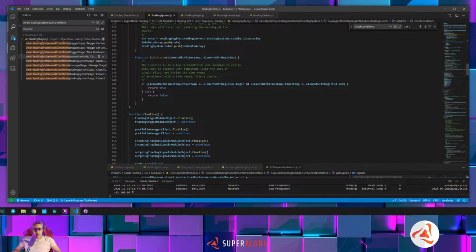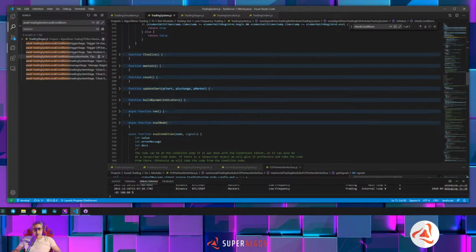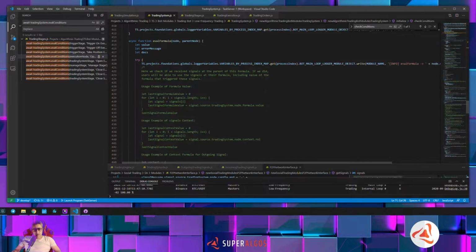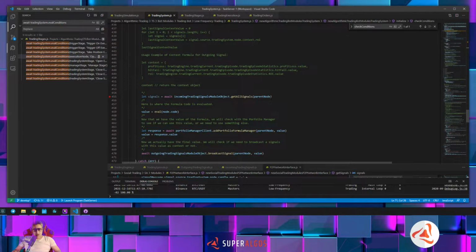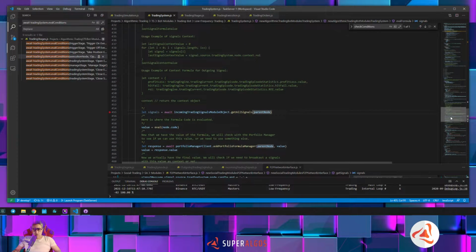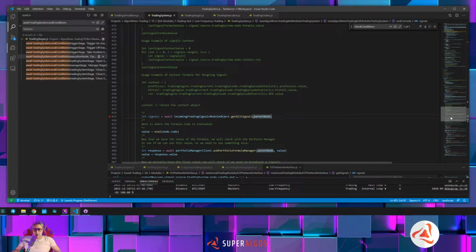Let me check that. Not in the eval condition, but evaluate formula. So every formula is covered because we are retrieving the signals needed for this formula right at this place. Because we know which is the parent node, we can retrieve the signal.